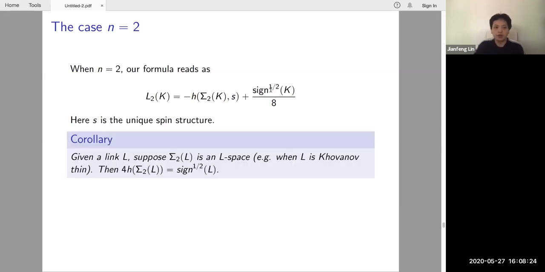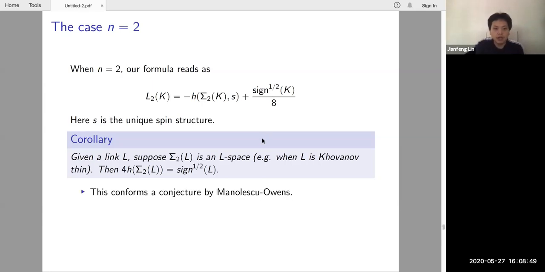As a corollary, given a link, suppose the branched double cover is an L-space. For example, when the link is Khovanov thin, then 4 times the Frøyshov invariant equals the signature. We actually prove this corollary in a slightly more general setting, namely we consider all links, not just knots.